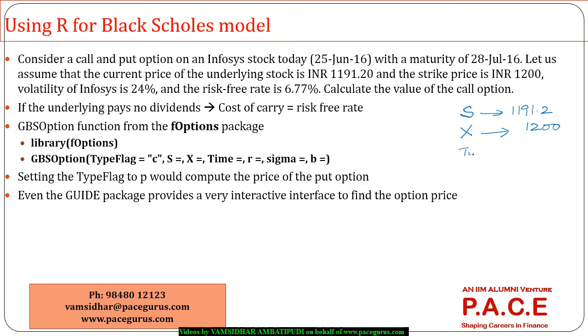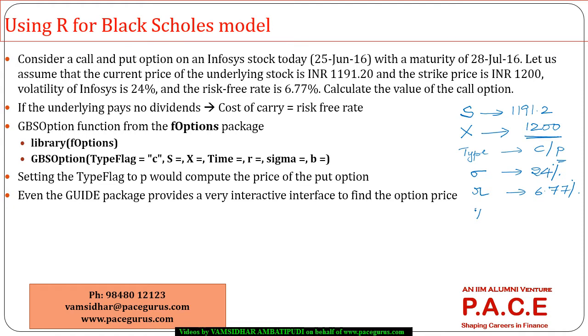Then the type of the option: is it a call or a put? If it is a call, I'll buy at 1200 at a future date. If it is a put, I'll sell at 1200 at a future date, one share of Infosys. Then I need the annual volatility of the underlying stock, Infosys here, 24%, and the risk-free rate of return, which we'll take as 6.77%.